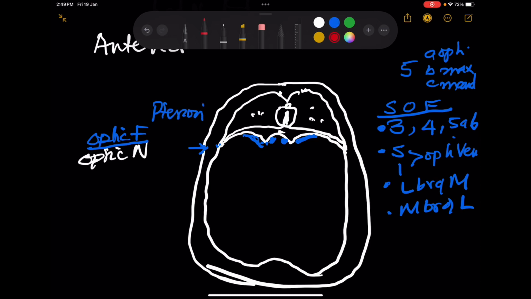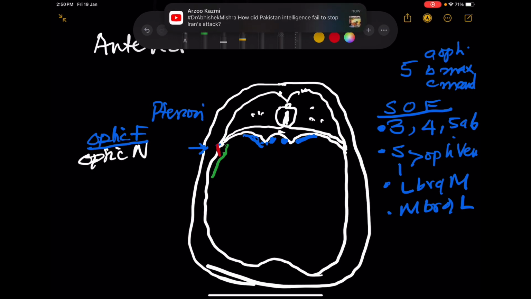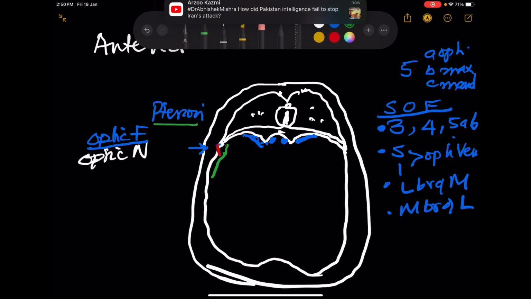The importance of the pterion is that the middle meningeal artery, which is an extradural artery, outside the dura, lies on the pterion, and when it ruptures, it can cause an extradural hematoma, which can press the brain. So this is the pterion and this is the middle meningeal artery's relation to it. When you want to approach the middle meningeal artery, you approach through the pterion.